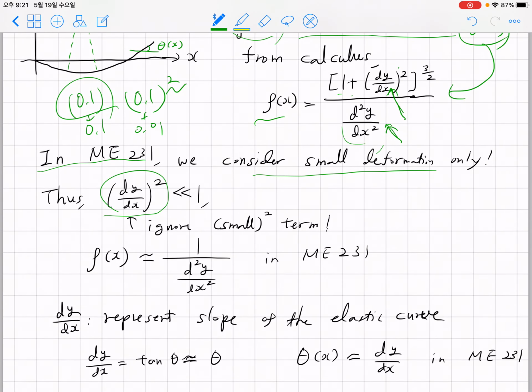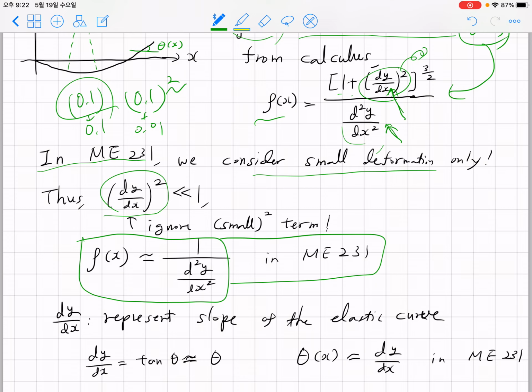This is exactly what we're going to do. We'll ignore this second order term. After ignoring it, you can approximate the radius of curvature in a really simple form: simply 1 over the second order derivative of y with respect to x. That's the definition of radius of curvature that we're going to use in ME231, because we'll only consider small deflections.